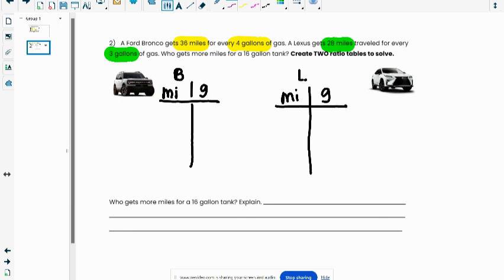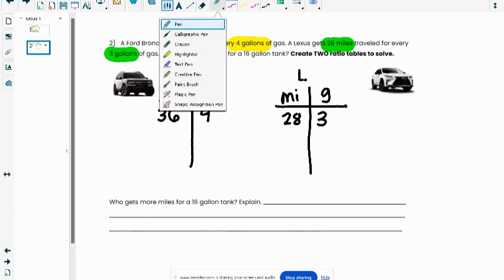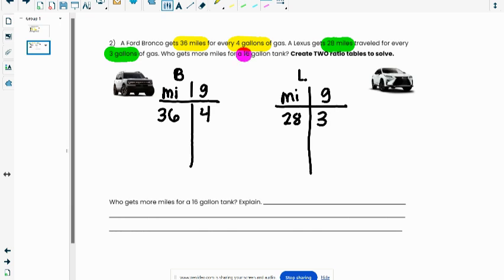The Bronco gets 36 miles every 4 gallons. The Lexus gets 28 miles every 3 gallons. We want to know who gets more for 16 gallons. So we're trying to get the gallons to equal 16. So we need this number down here to be 16.